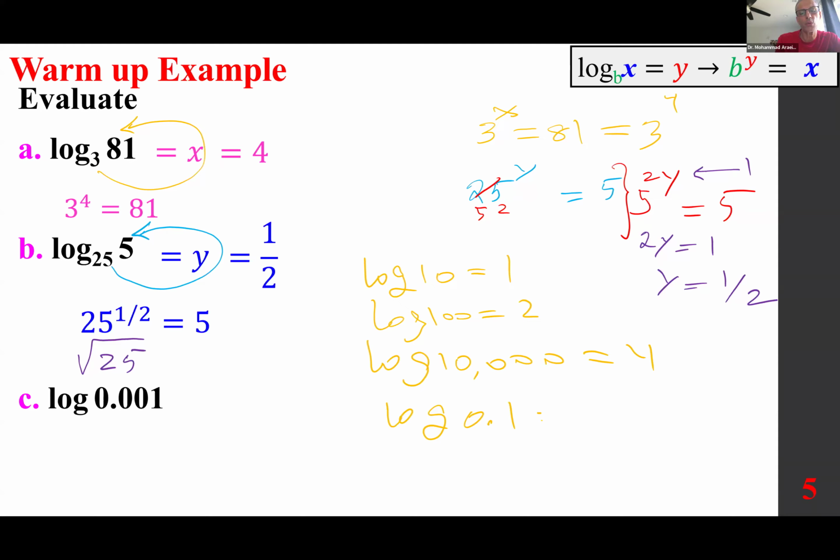Log of 0.1, 1 decimal, -1. Log of 0.01, 2 decimals, -2. This is -3, or 10 to the power of -3 is 0.001. So I hope it makes sense to everybody.